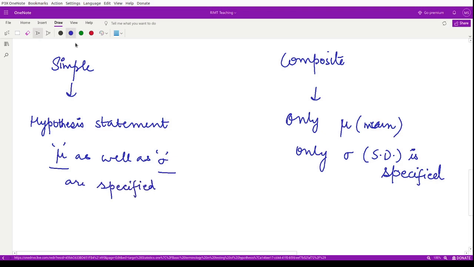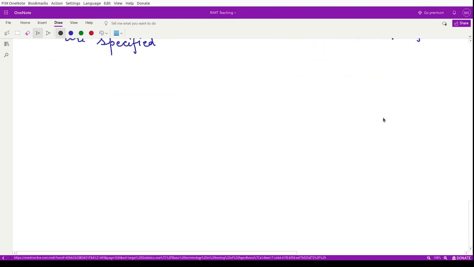The next category is the most important of all, which is null hypothesis and the alternative hypothesis. And these hypotheses will be used in the solution of our statistical problems.